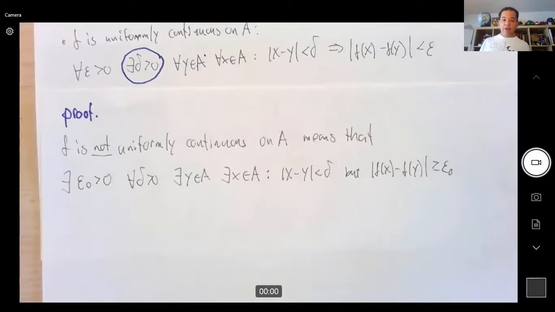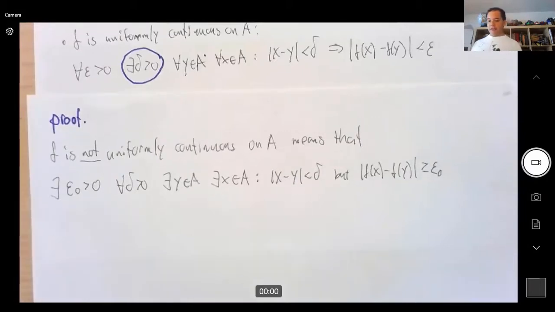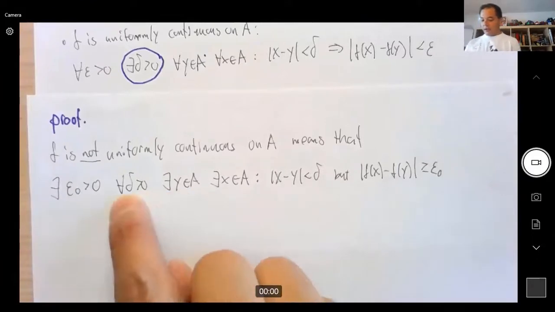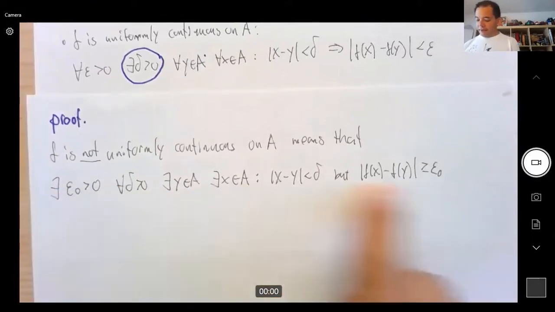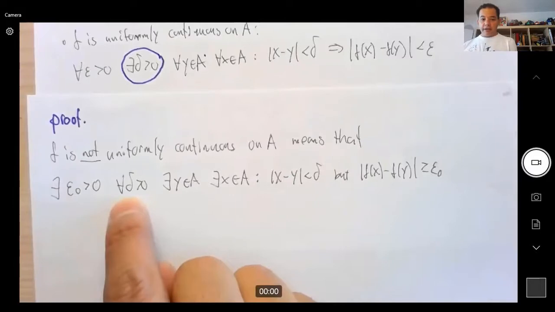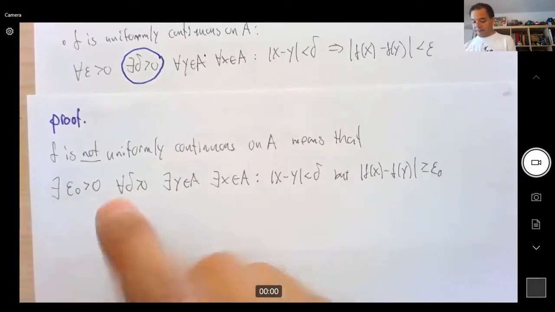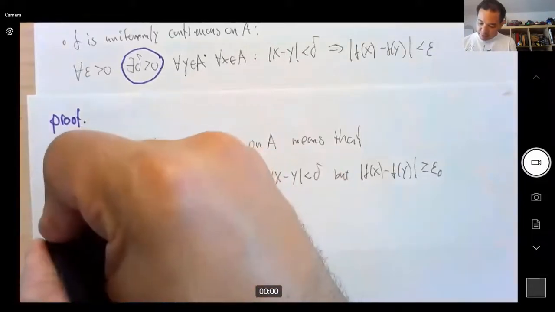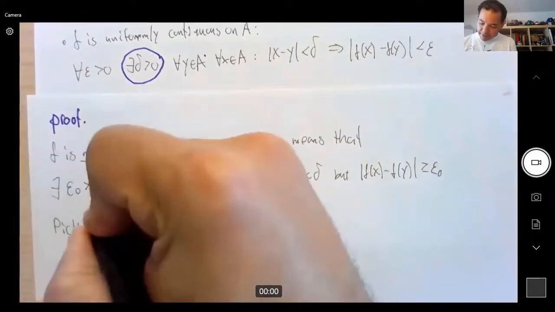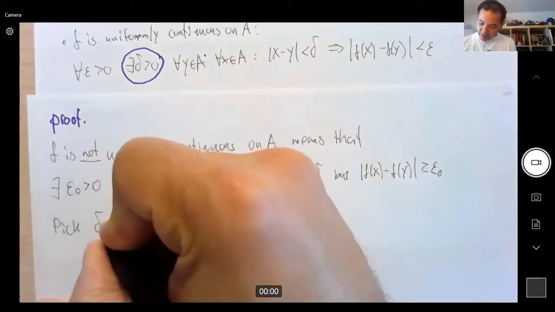And then all I need to do now to make it a little bit nicer is to pick, so this happens for every delta. So in particular, it can happen if I pick delta to be 1 over n.